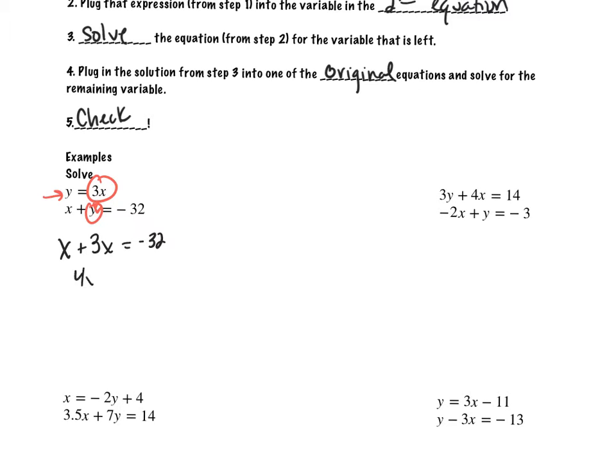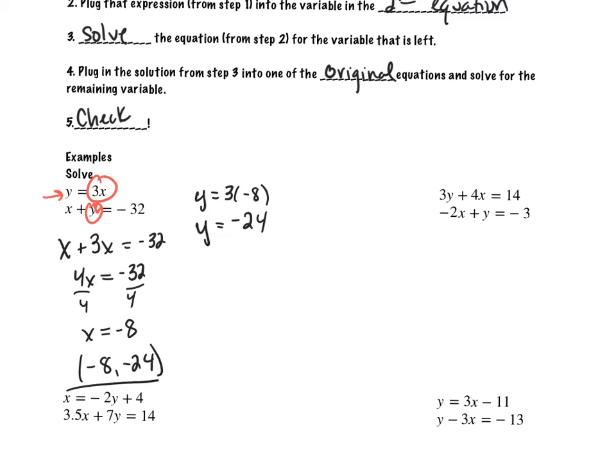So 4x equals negative 32. Divide by 4. x is negative 8. Now if I want to find my other variable, y equals 3 times negative 8. Just plug that in, kind of back to evaluating expressions. And so I get y is equal to negative 24. And so my point would be (negative 8, negative 24).